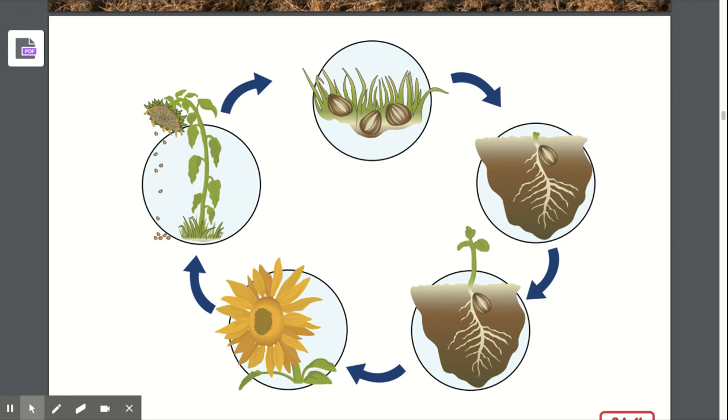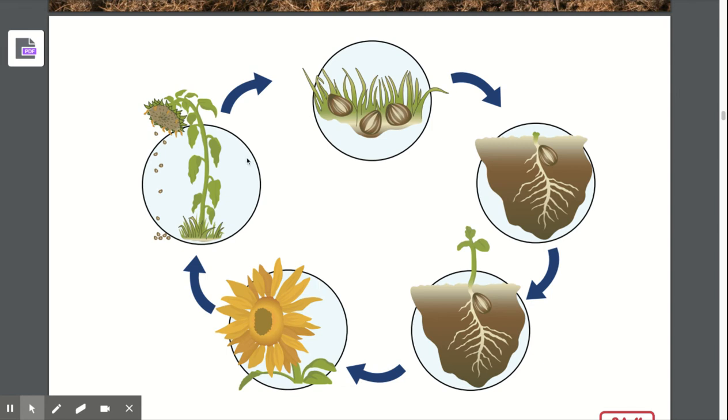If the seedling receives the right amount of water, nutrients, and light, then the plant will continue to grow. Eventually, the plant will become mature and make more seeds for which new plants will grow.